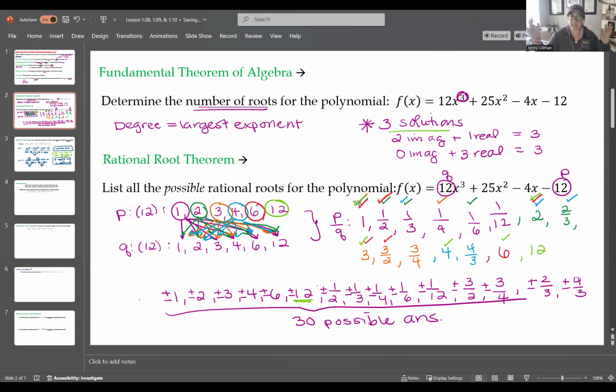What the bounds test is going to do is help you narrow down your search. Maybe you only need to search from here, but you don't have to look at as many numbers as you were looking at before.